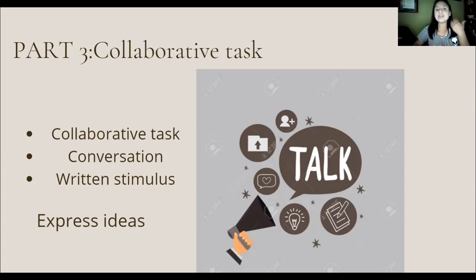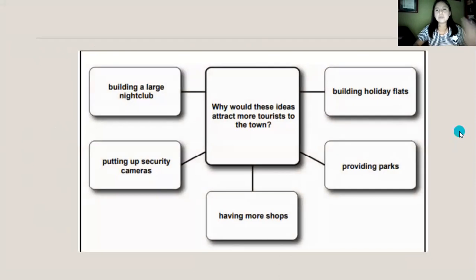This task focuses mainly on expressing ideas about the specific topic. For example, we have here the written material that will be in the booklet. First, the interlocutor would start, for example, I would like you to imagine this certain topic, and here I have some ideas. You have to discuss them and ask questions between you to get information.